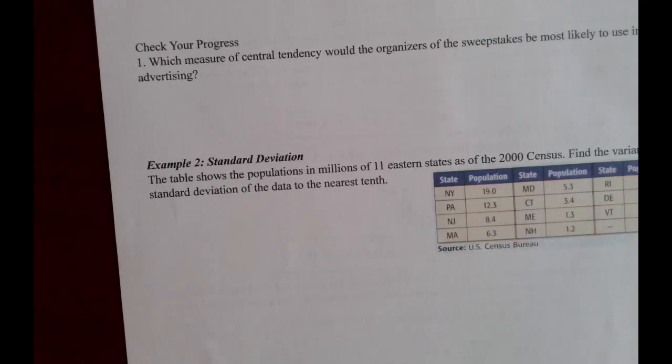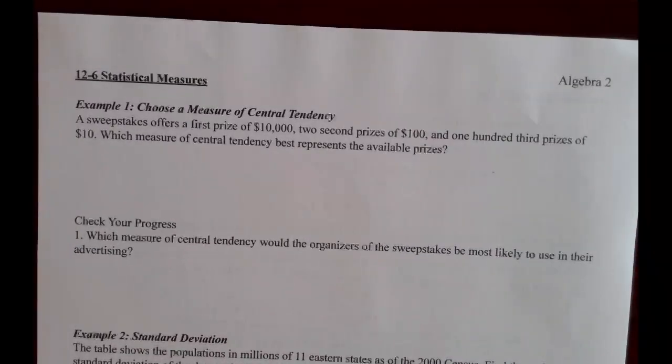Okay? So let's take a look at example 1. A sweepstakes offers a first prize of $10,000. There are 2 second prizes that are $100, and then there are 100 third prizes worth only $10. Which measure of central tendency best represents the available prizes?